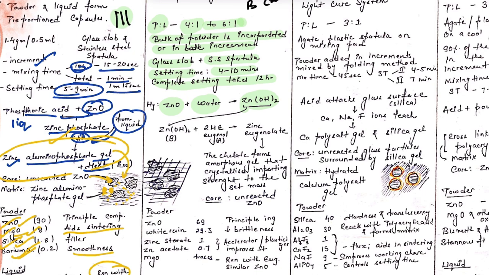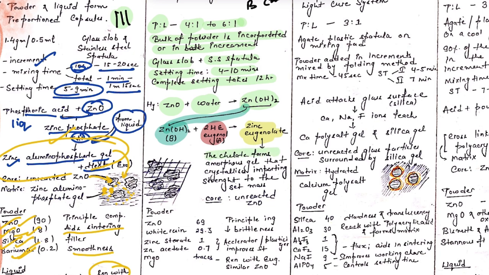The second reaction is an acid-base reaction where the zinc hydroxide acts as the base, and the eugenol acts as the acid. Both of these react. The zinc hydroxide and the eugenol react, and form zinc eugenolate. So this will form a chelate.